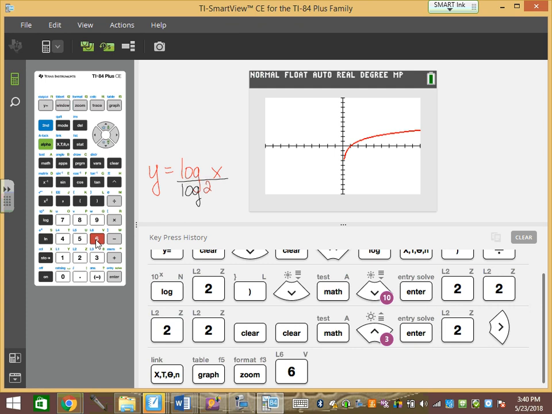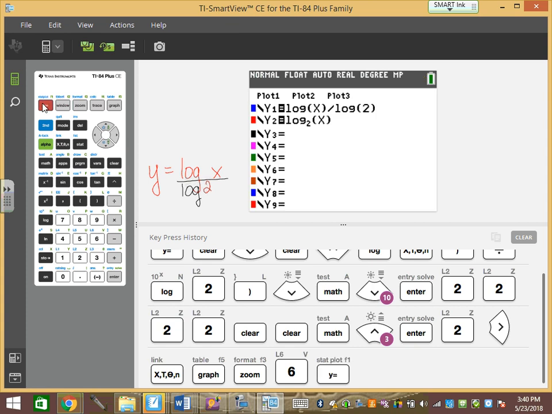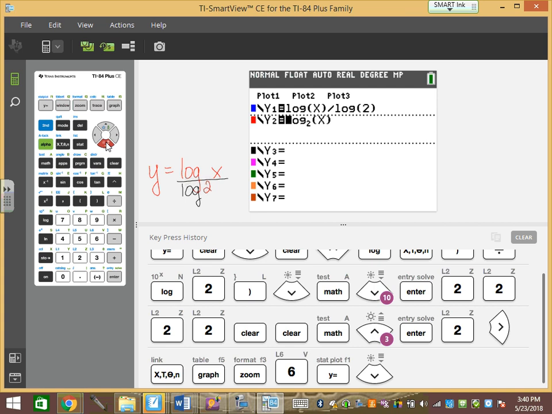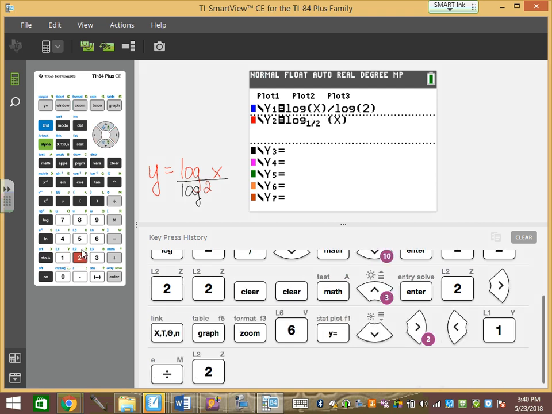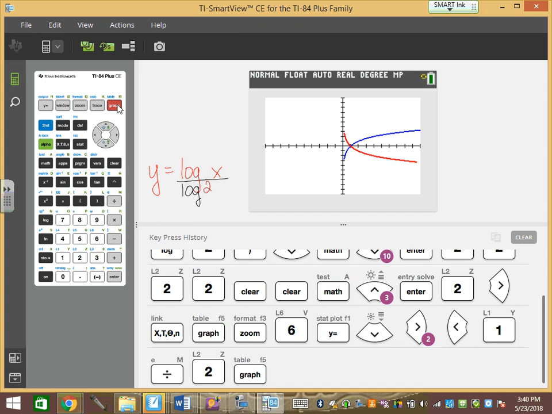What's to be noted about these is that if I put the other one in, which on your paper is a half, so instead of having a 2 here, I have a half as my base, you end up with a reflection in the x-axis.